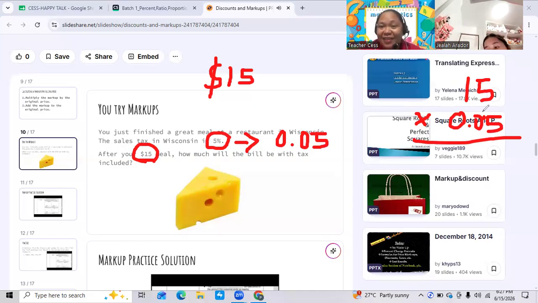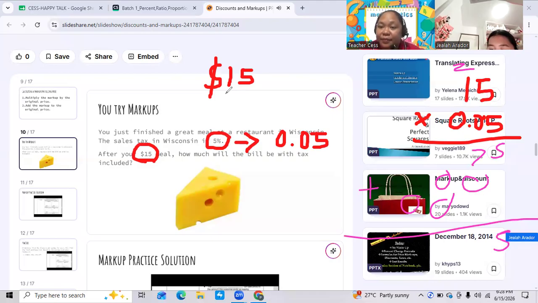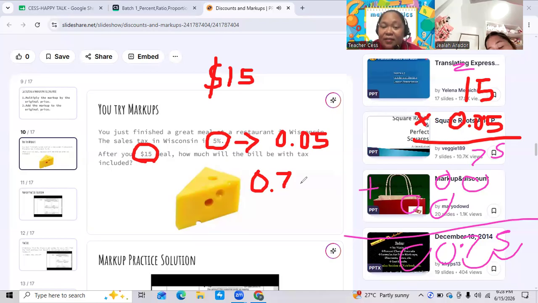What will be your answer if you're going to multiply them? Can you try to solve it here on the screen? All right. Very good. So your answer is? 0.75.